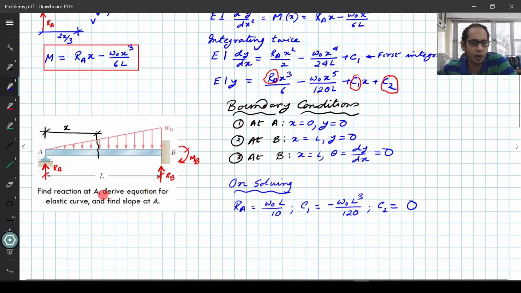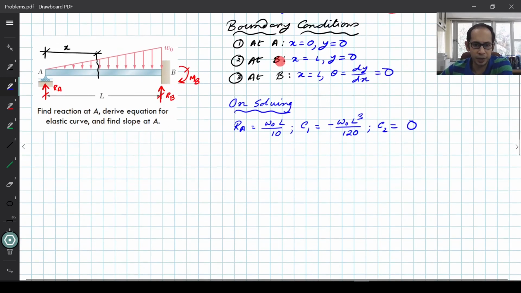However, the problem asks you to write the equation of the elastic curve. For this equation of the elastic curve, I already know RA, I know C1 and C2, and it also asks us to find the slope at A. So in this one, after substituting RA and C1, we will get the slope at A by putting x equals 0. So let me go ahead and do that.